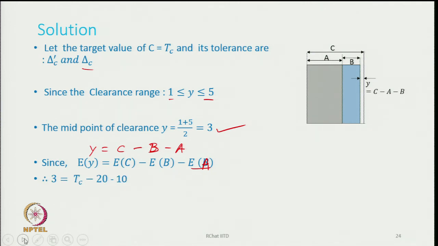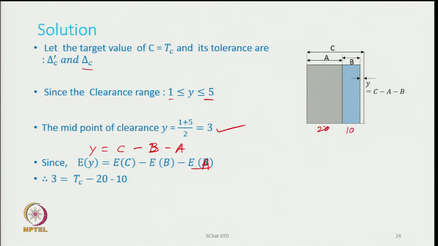So, the expected value of y, that is the middle point of y, is going to be how much? 5 plus 1 by 2, that is 3. So, 3 is going to be T c minus 20 minus 10, the nominal value of B is 20, the nominal value of A is 10.